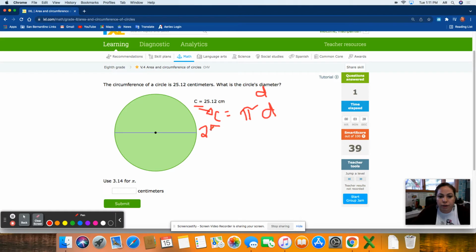So 25.12 equals, what is pi again? It's right here.